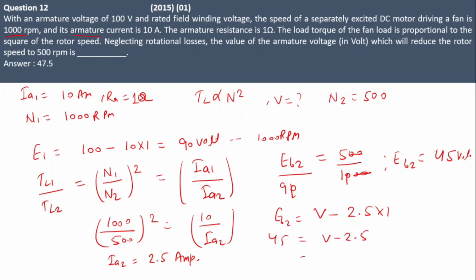So easily you can find out the terminal voltage equal to 45 plus 2.5, it is 47.5 volt. Easy numerical. This is the terminal voltage.